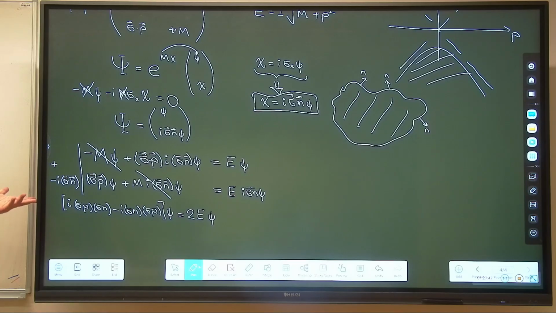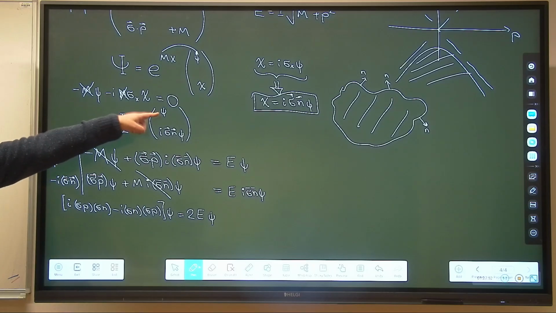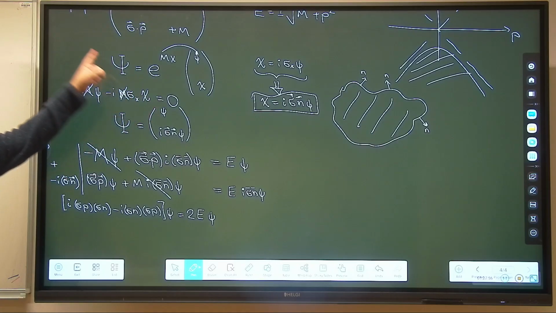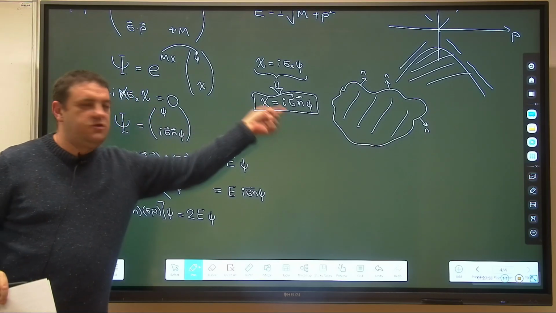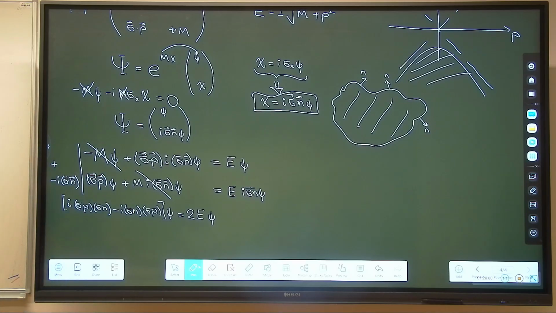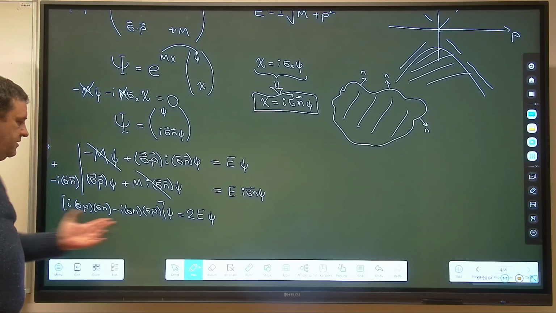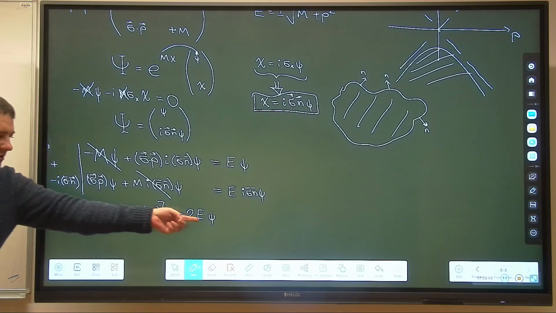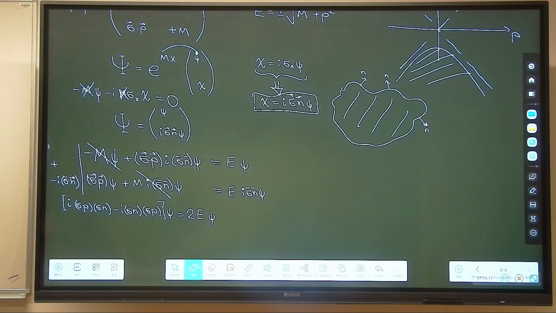Now I have an equation which involves only two components, not all four components, but only a two component part of the original field, because boundary conditions fix 2 out of 4 components, so there are only 2 remaining. And it's a linear equation which does not contain any large parameter m. It only lives at low energies.